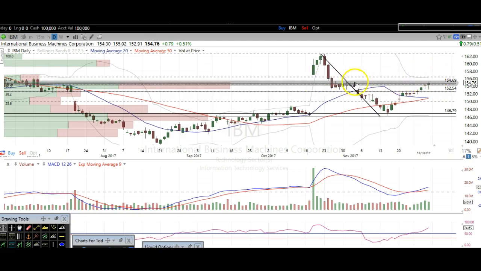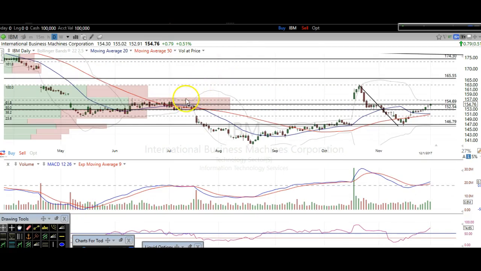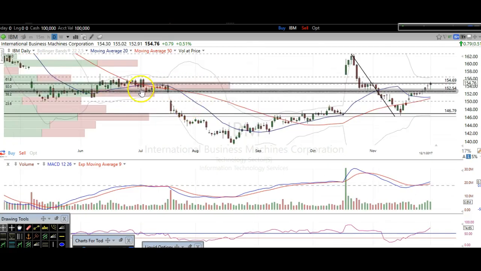So we wanted to take profits there. We got the Fibonacci retracement, the resistance from these highs over here, plus the volume point of control right here. You can see a big bar, this red bar coming out of the chart.